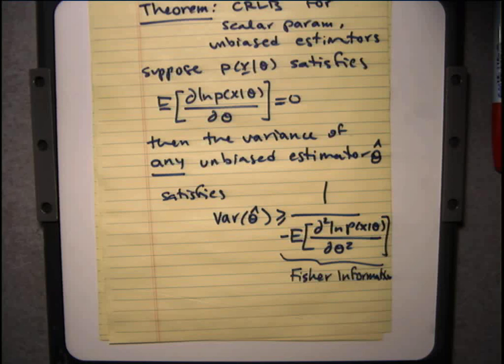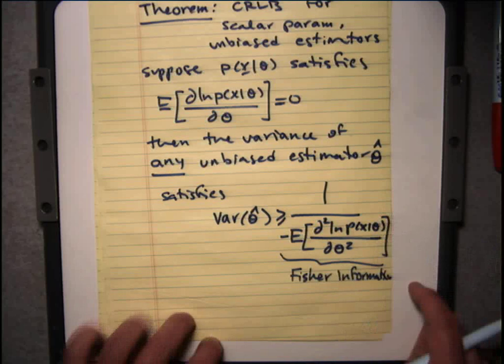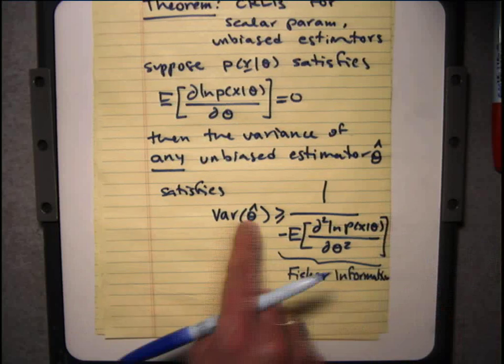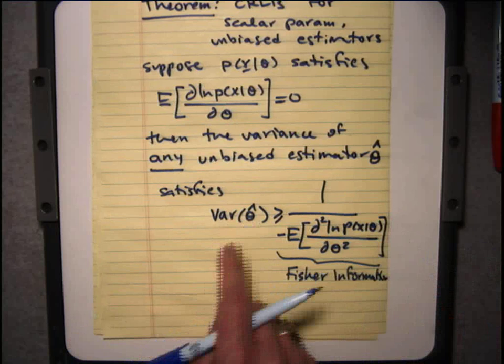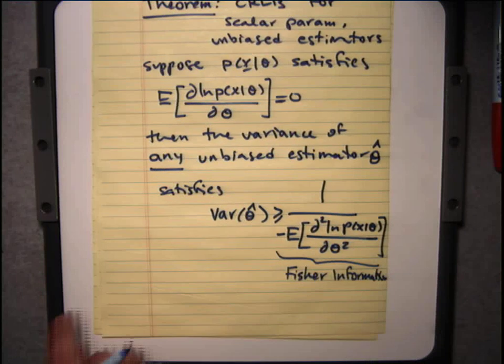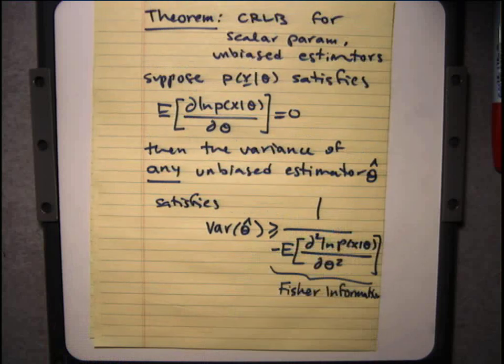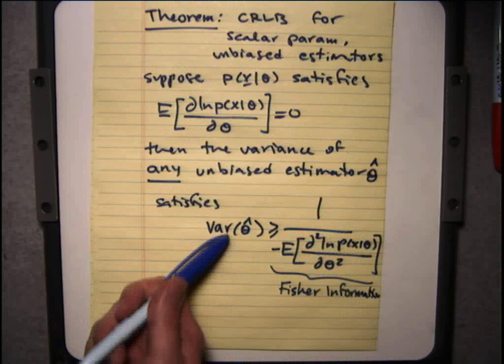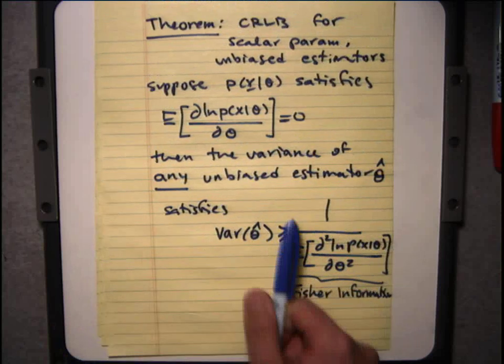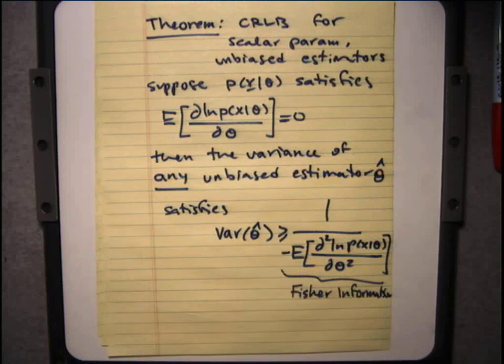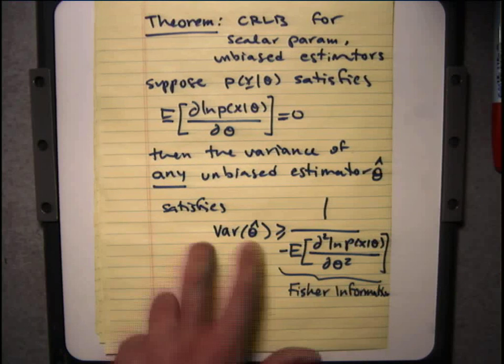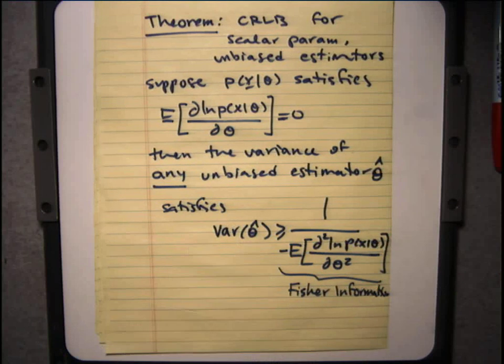So the reason this denominator is called information is because the variance in the estimate is an indicator of the quality of the estimate, right? And so the more information you have about the parameter, the larger this denominator will become, and the smaller this lower bound becomes, which means that this variance can get closer to 0. Okay?